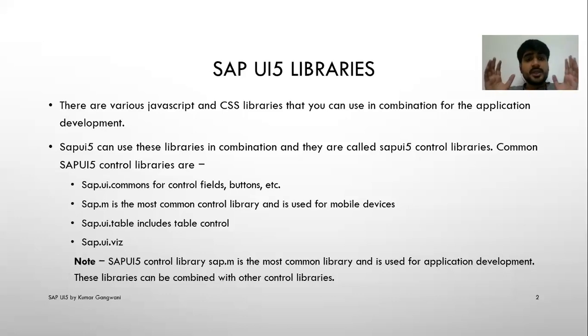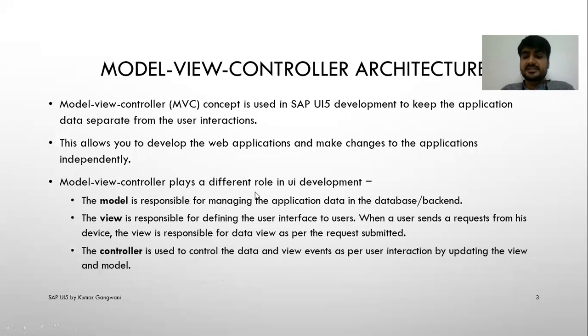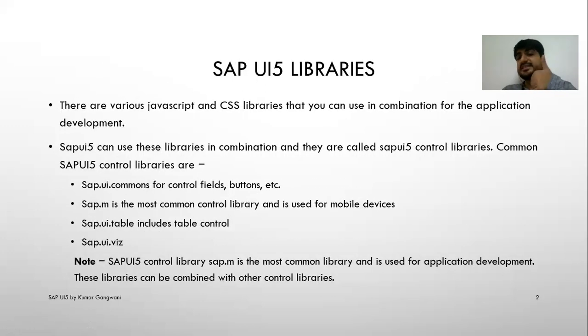Now coming back to libraries, the common SAP UI5 control libraries are these. Let's learn them. sap.ui.commons is for control fields, buttons, etc. When I say commons, it is for laptop or desktop. sap.m is for mobile devices.